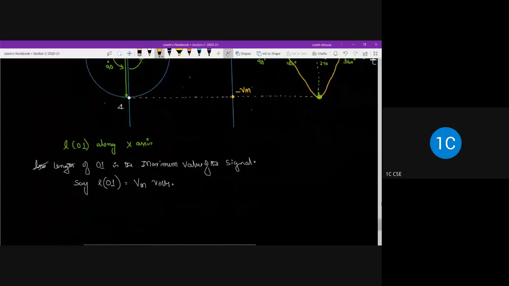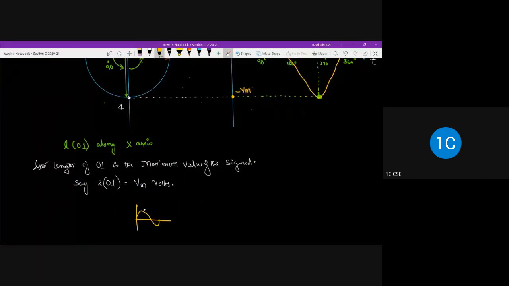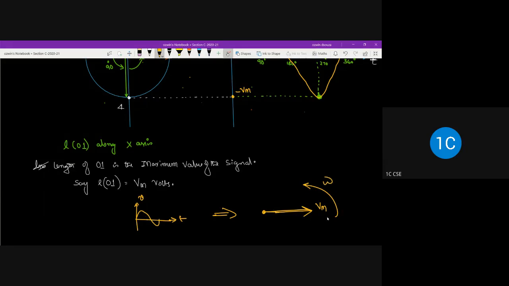Okay, so if you have been given a sinusoidal signal, let's say some V and time is t, you can represent this sinusoidal signal with a rotating vector, where the vector length represents the maximum value of the signal and rotates in anti-clockwise direction. So a complete waveform can be replaced with a directed line segment rotating in anti-clockwise direction.